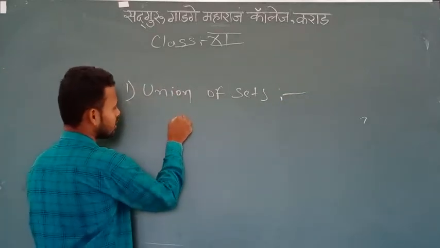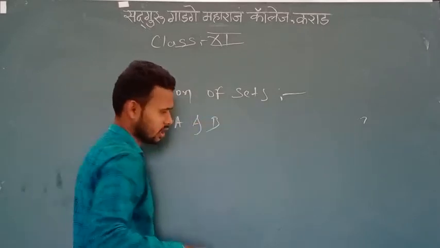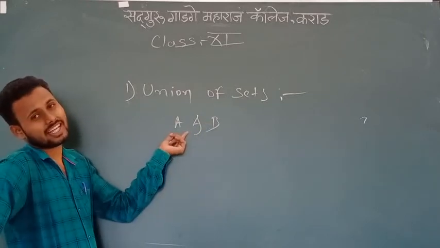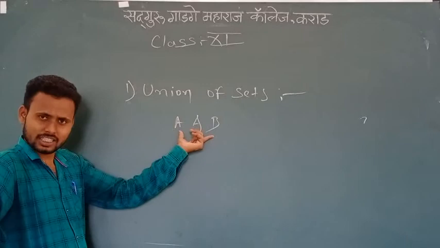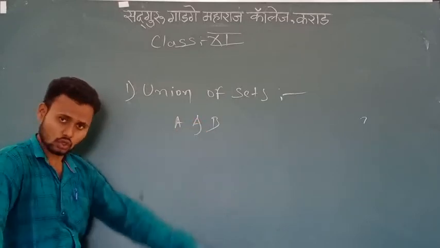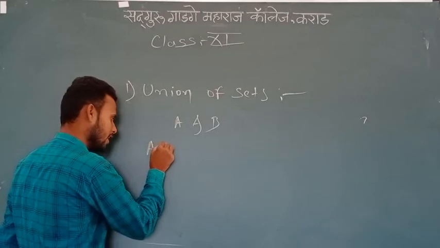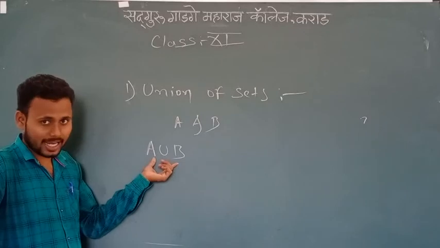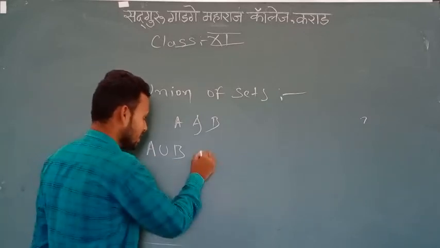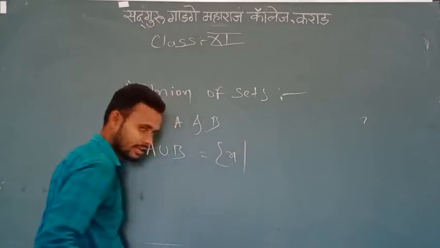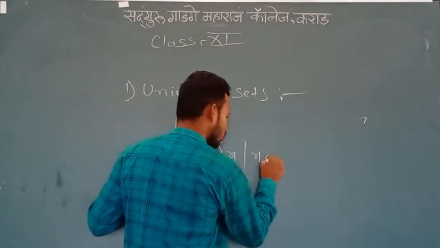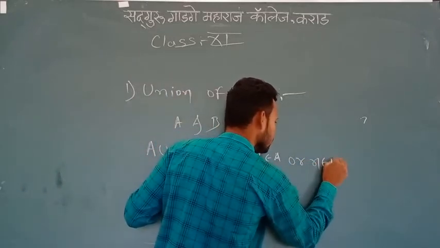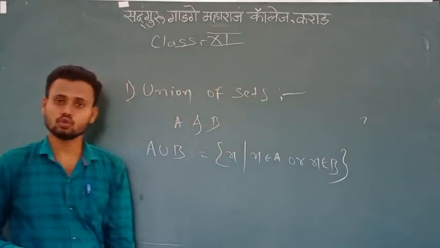Suppose we have any two sets A and B. Then the union of these two sets is denoted by A union B and is defined as the set containing the elements x such that x belongs to either A or x belongs to B. That we call the union of two sets.